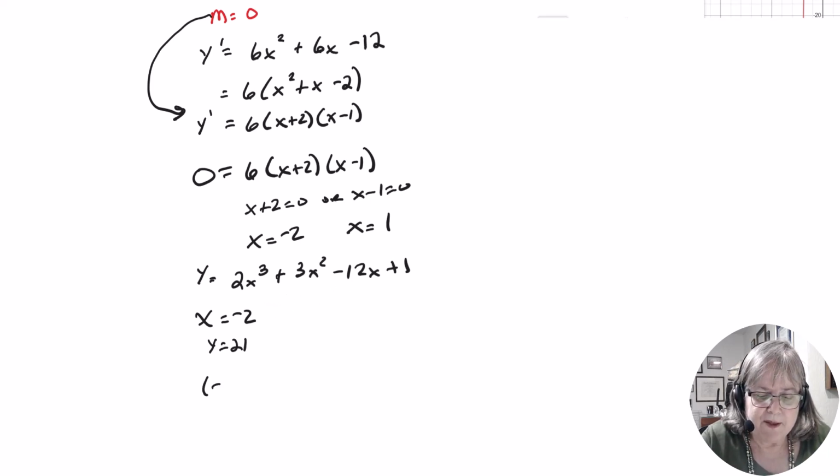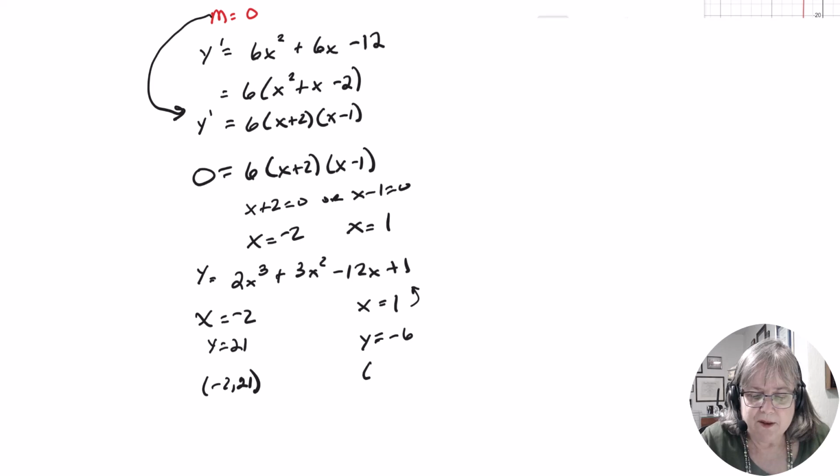So the point is (negative 2, 21). And if x is 1, y turns out to be negative 6 after you substitute 1. So (1, negative 6). I'm thinking that's what it is.